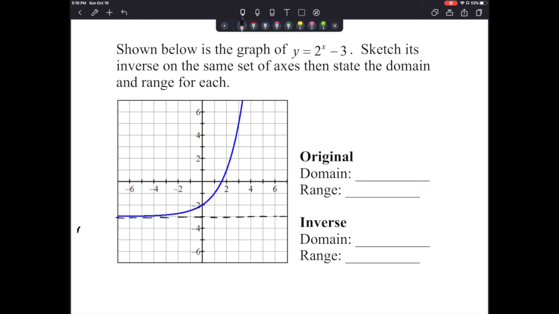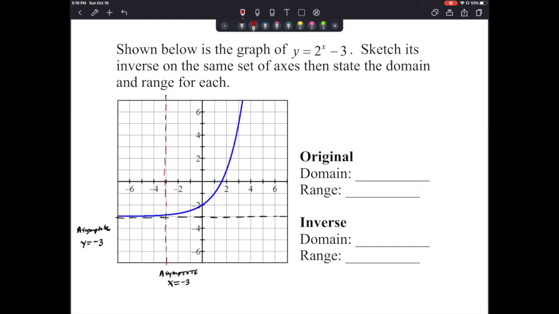So our asymptote right here is where y is equal to -3, which means we're going to have an asymptote for our inverse where x equals -3. So if we put that on here, you're going to see this asymptote that runs right down here.